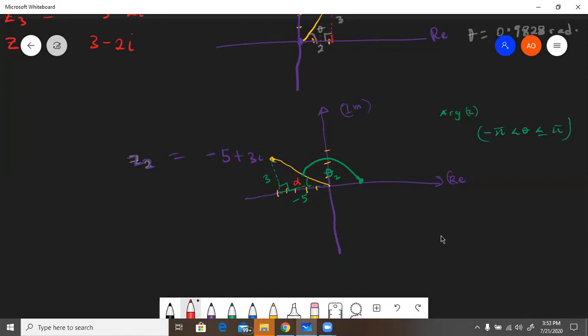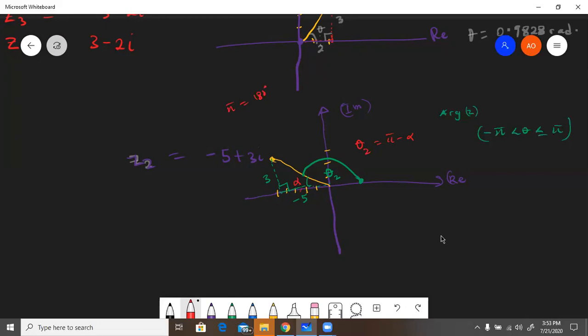So theta 2 equals pi minus alpha. Since pi equals 180 degrees, this is 180 degrees to this place. So theta 2 equals pi minus alpha.